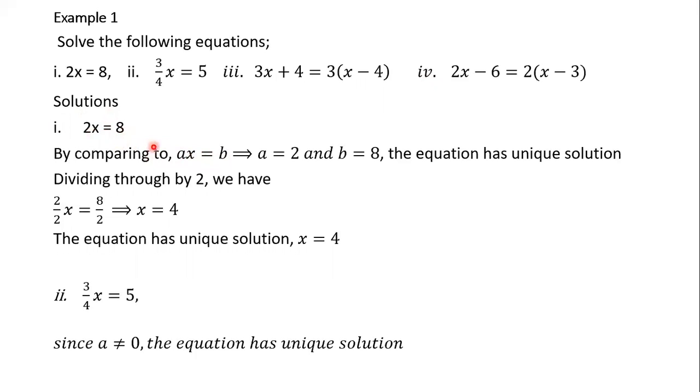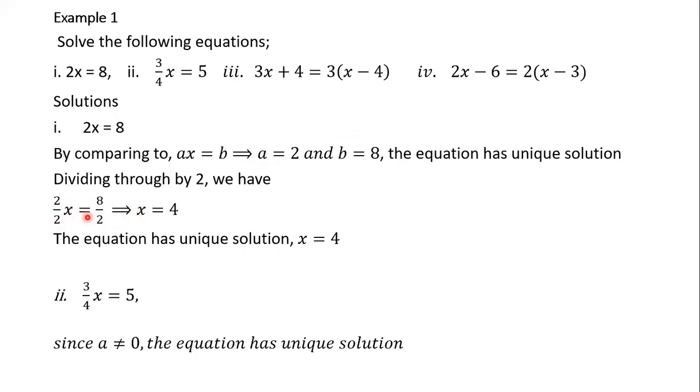And when that happens, we have to find the solution by dividing 8 by the number which is multiplied by the variable x. Because the number is multiplied, if you want to send it to the other side, we have to divide. So we divide here by 2, here also by 2. So that's what we have here. So we have 2x over 2 equal to 8 over 2.